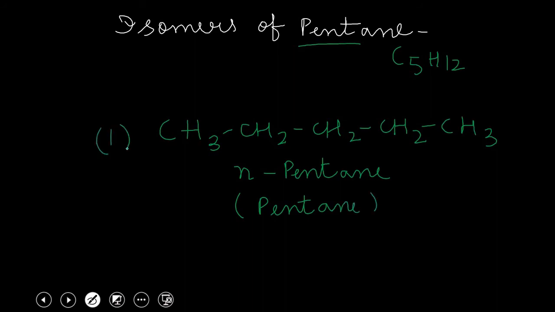Now how to write the second isomer? I already told you that for writing the remaining isomers, you have to reduce the chain by 1. And the reduced number of carbon atoms must be present in the form of a branch. So I'm going to write the next isomer. I'll take a chain of 4 carbon atoms here. So if I'm taking the chain of 4 carbon atoms, CH3, so CH2 I have to write in the form of CH to satisfy valency.